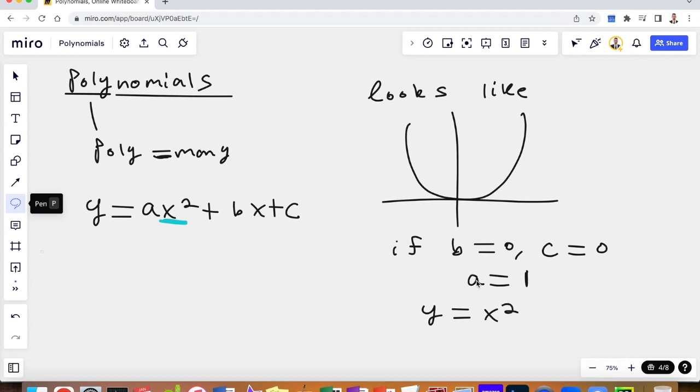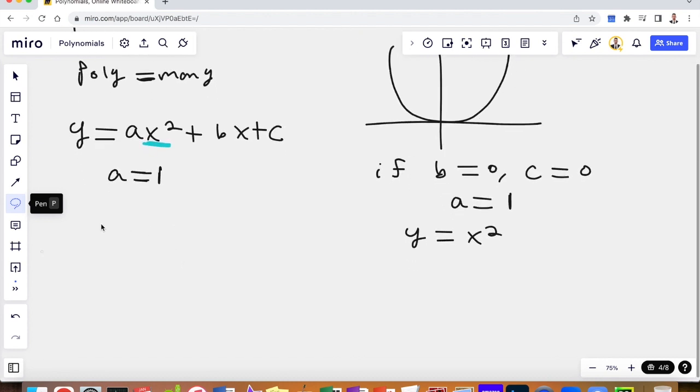Done. So a few quick tips on how we can factor a polynomial. Let's say, for example, a equals 1. I'm just going to go over the product sum method. If a equals 1, I'm going to look at my c.